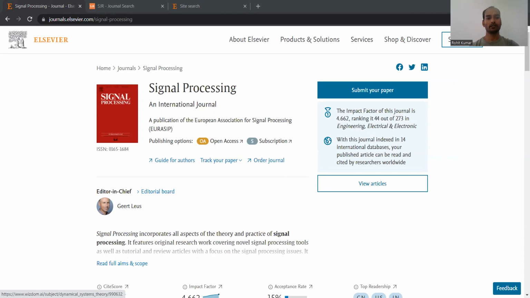Starting with the keywords, if you are focusing specifically on signal processing, MIMO radar, beamforming, or finite impulse response, these issues can be considered a focus of this journal.